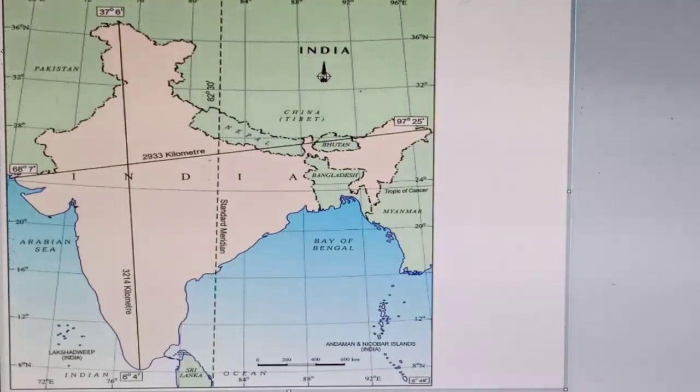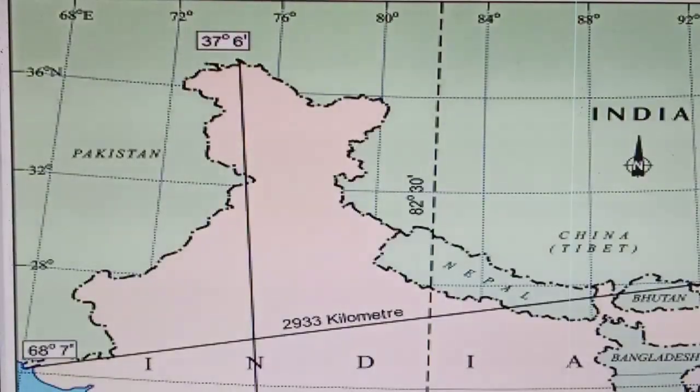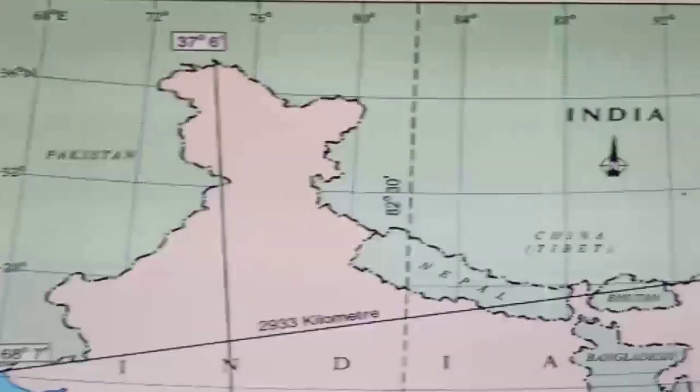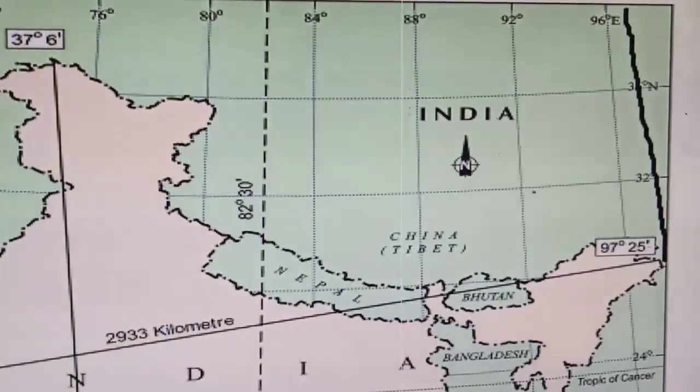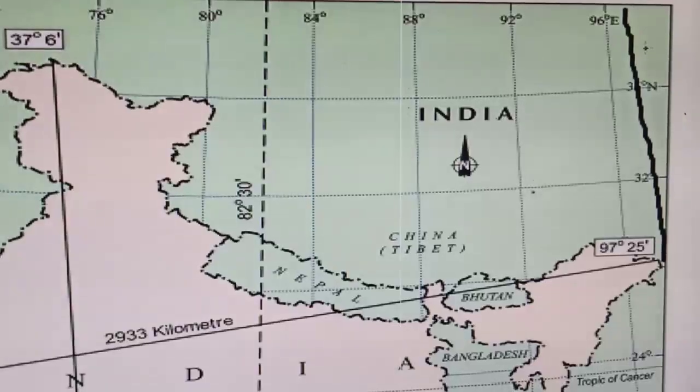Longitudinal extent we will see from here to here. It is there 97 degrees and 25 minutes east, right?